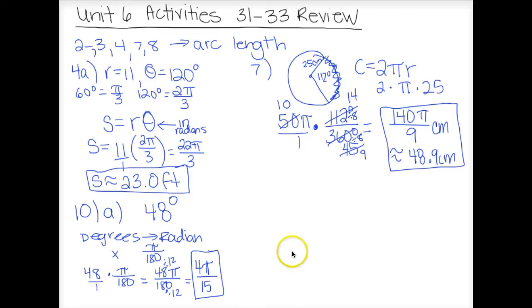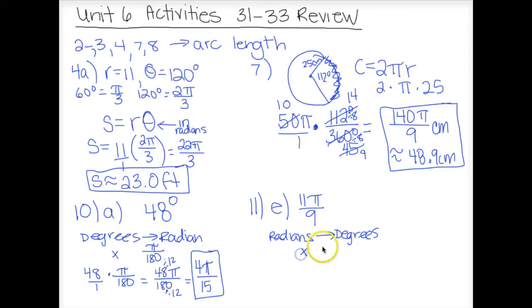When we go the opposite way from radians into degrees, then we do the reciprocal, and I'm going to do number 11E, which was 11 pi over 9, because I'm trying to choose one that's not on the unit circle here. Whenever we go from radians to degrees, it's the reciprocal of what we do for degrees to radians.